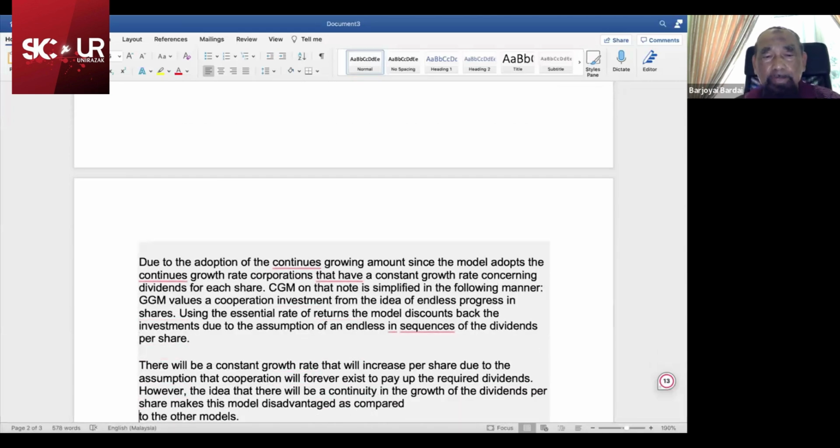Since the model adopts the continuous growth rate, it applies to corporations that have a constant growth rate concerning dividends of their shares.